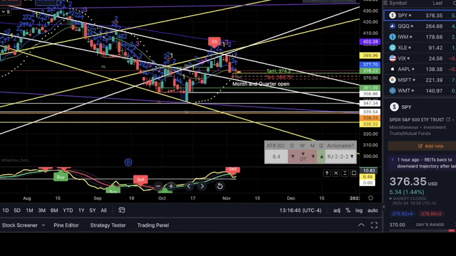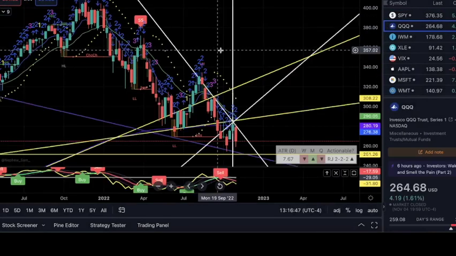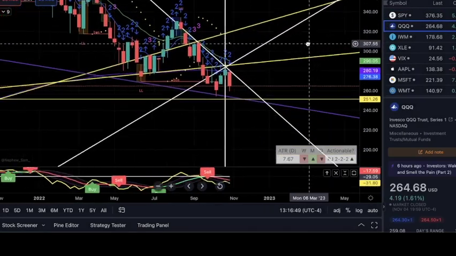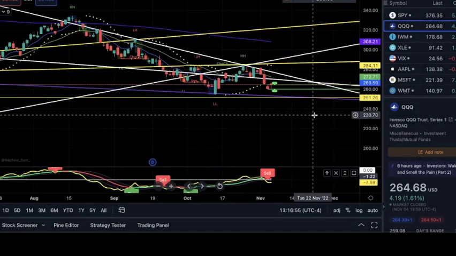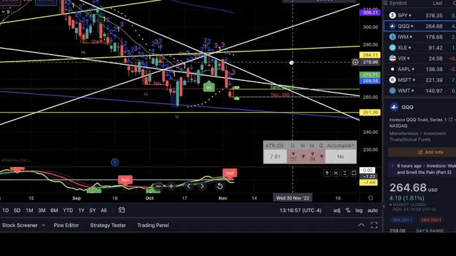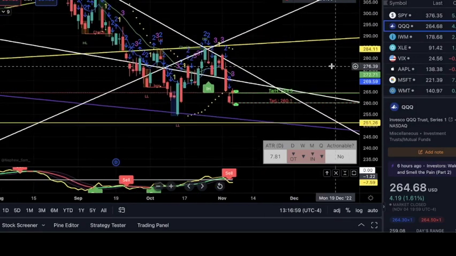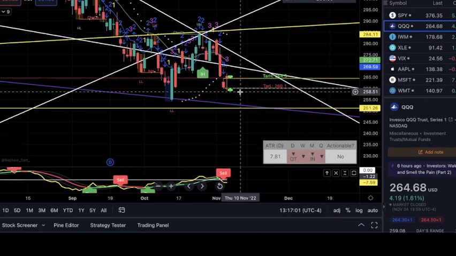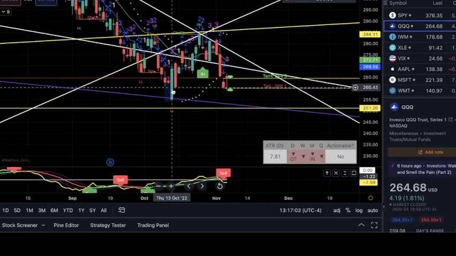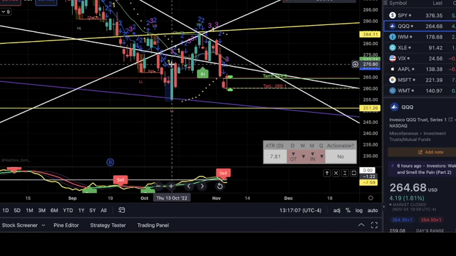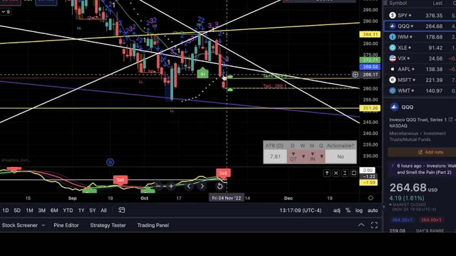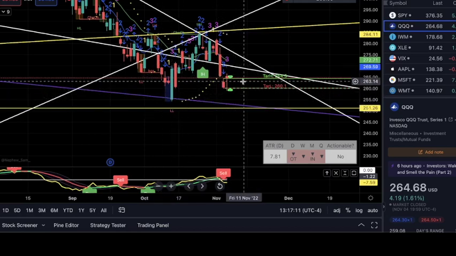So QQQ didn't have an outside week, but we did 2 up, 2 down. And actually, I like this on the day. I wanted to point out that unlike SPY, which hadn't tested that area where we dropped and ran really crazy in a day, QQQ is coming down here.